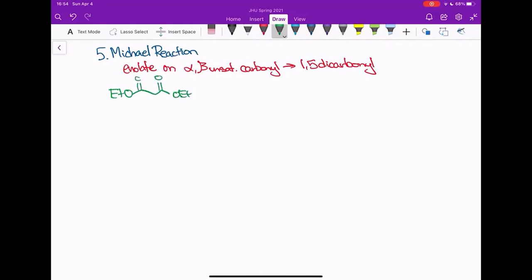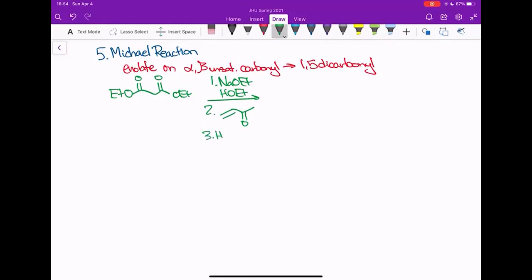So we have our enolate and then the alpha beta unsaturated carbonyl. I'll draw in a second. So first we're gonna use our base. And that will form our enolate on that alpha position. And then the alpha beta unsaturated carbonyl is any variation on this molecule.